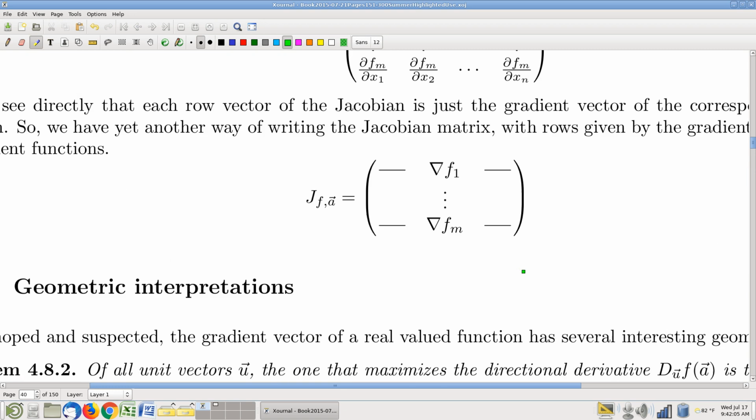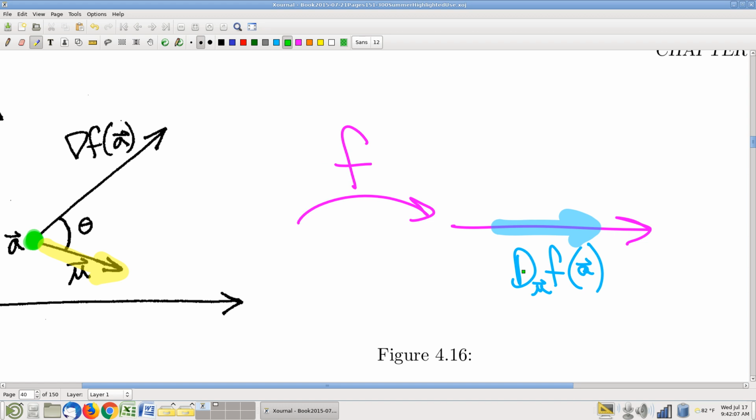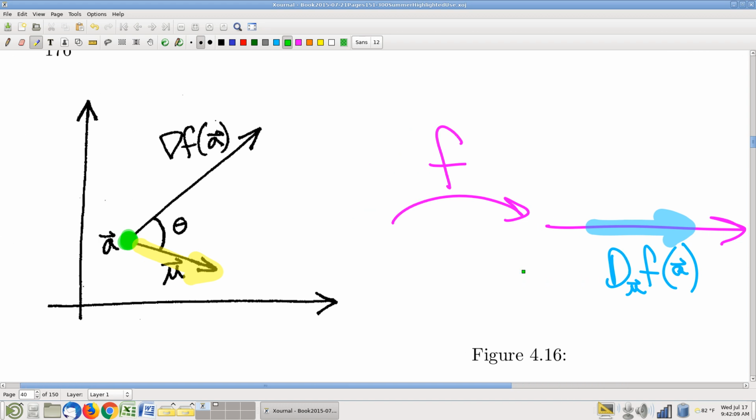Now let's come back up to our picture. We're looking at all these different possible unit vectors. One thing to notice: we're contemplating a scenario where we're at the same point A, and at that same point A the gradient vector is the same.